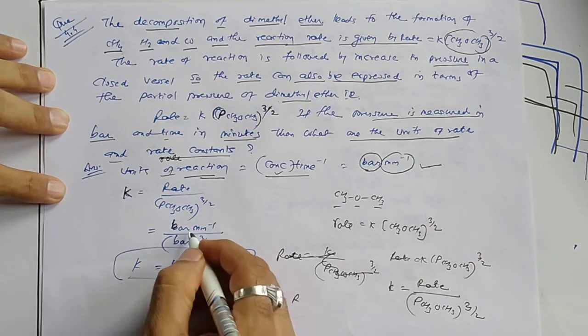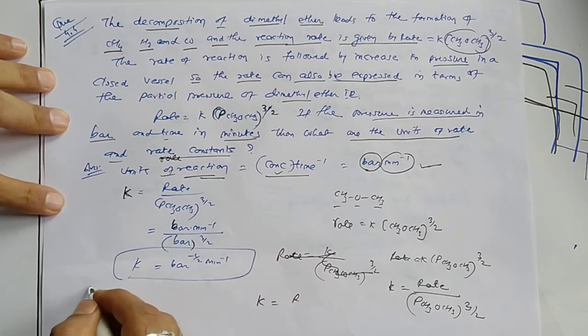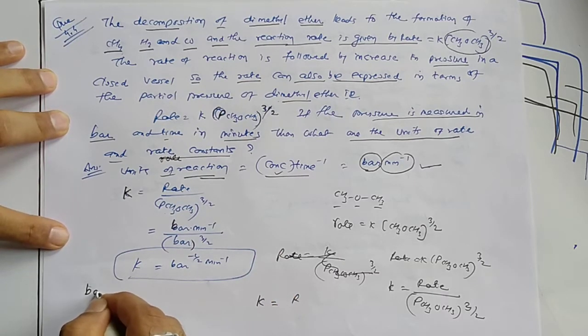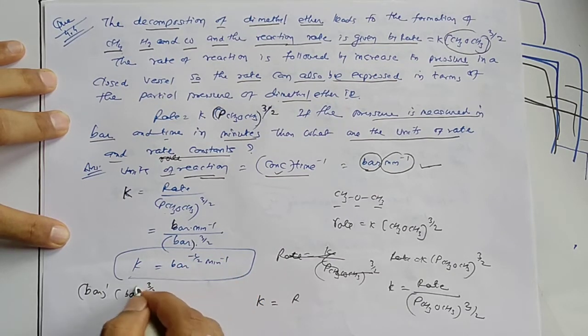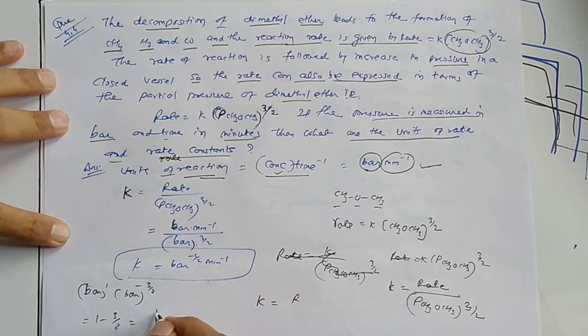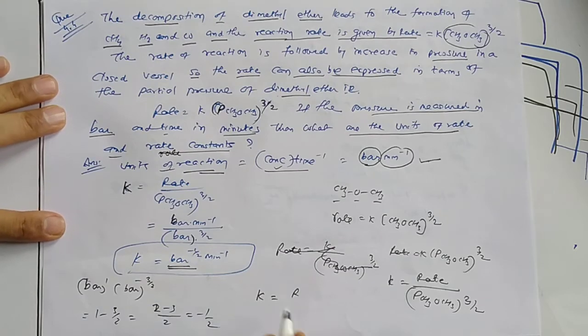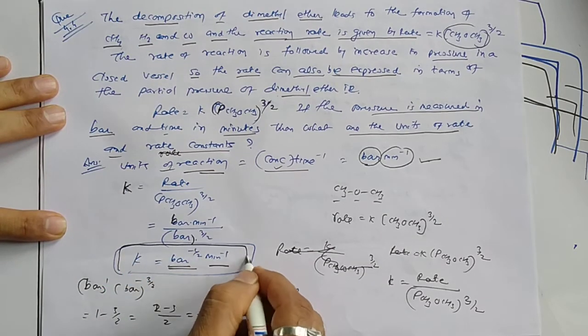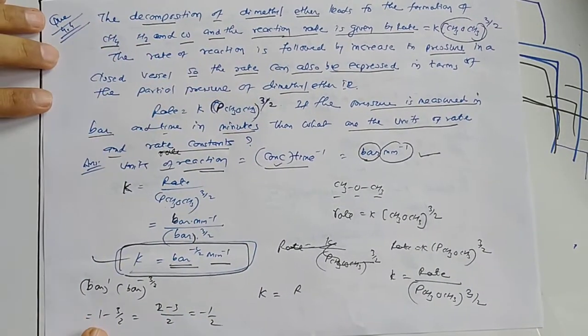Rate is bar into minute inverse, pressure is bar raised to 3 by 2. So bar raised to 1, downward it is 3 by 2, so upward it will be 1 minus 3 by 2, LCM is 2. So 2 minus 3 by 2, so minus 1 by 2. So the unit is bar raised to minus 1 by 2 and minute inverse. This is the unit of our rate constant for this rate equation.